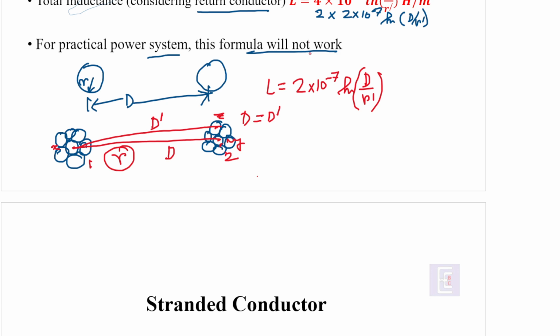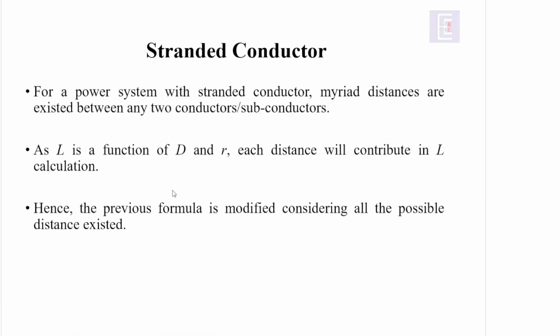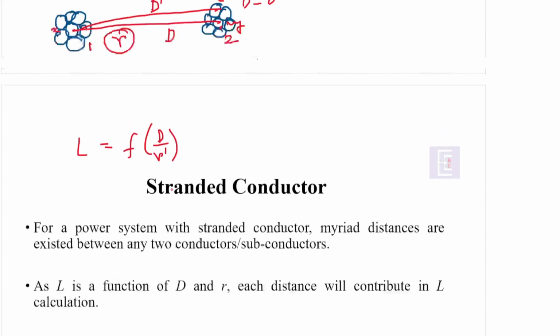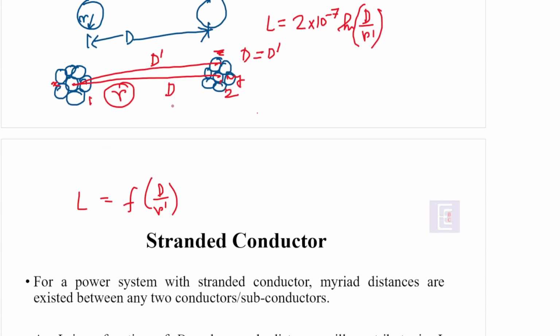So what is the remedy for this situation? As you can see, inductance L is a function of d by r dash. Every possible distance will contribute to the inductance evaluation. So to have an accurate calculation of inductance, every distance has to be taken care of.